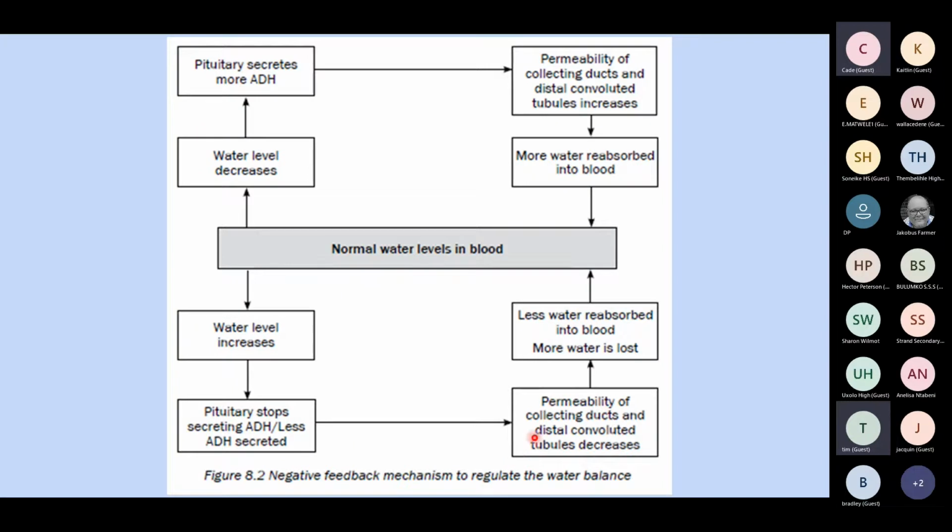That makes the collecting ducts and the distal convoluted tubules decrease their permeability, they become less permeable, and more water is lost, so less water is reabsorbed into the blood. And also vice versa. Go through these diagrams, grade 12, and study them with table number 7.